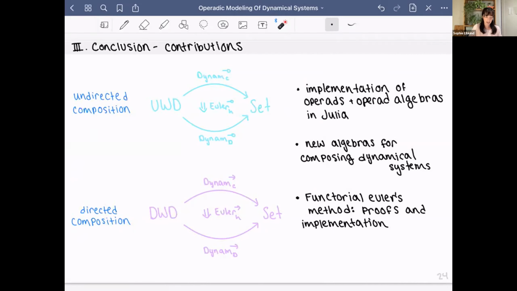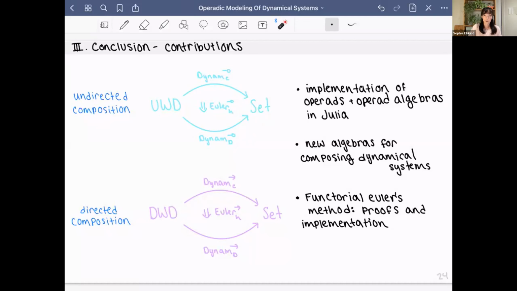Today, we discuss these algebras of continuous systems, but in the paper, we also examine these algebras of discrete systems and this Euler's method, which is a natural transformation between them. And so one of the main contributions is implementing all of these pieces, the operads and the algebras, in Julia in this package, AlgebraicDynamics.